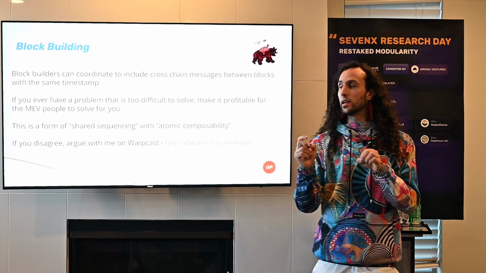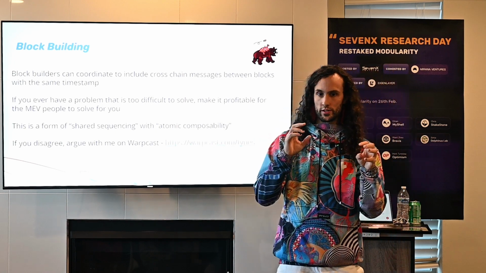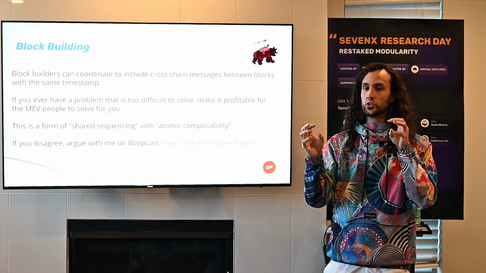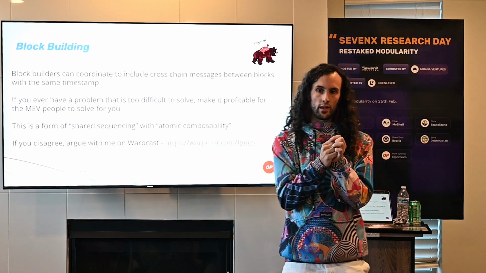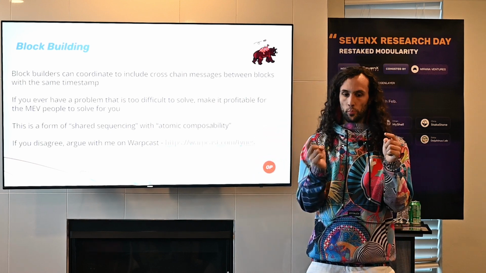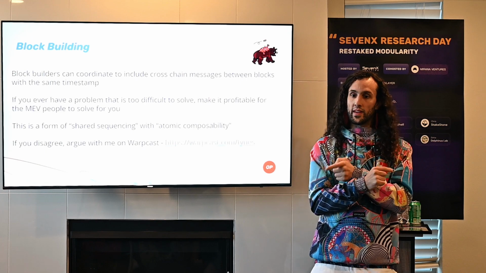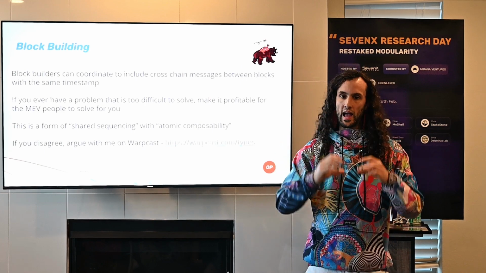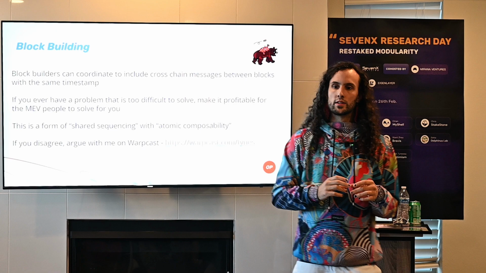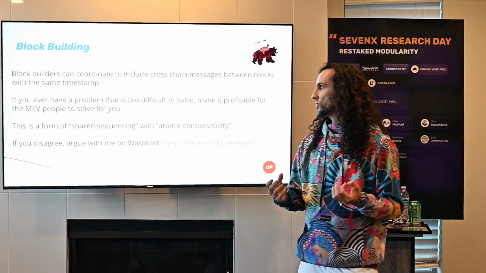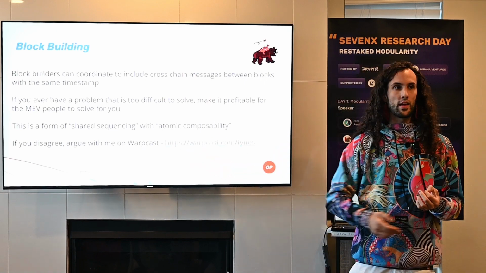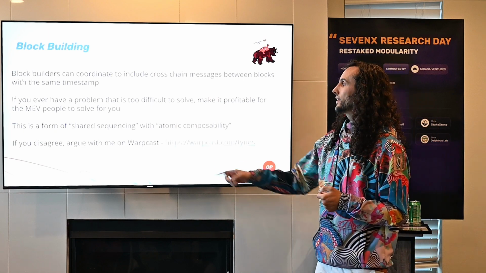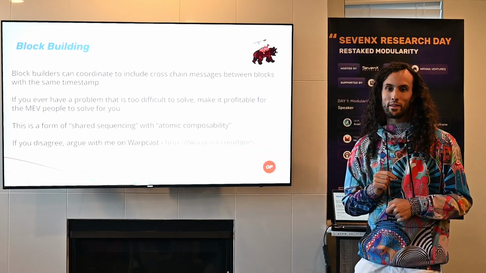If you have two block builders building on two chains, then they can coordinate to point to each other's logs that they emit at the same time. They could build the block together, right? So this gives you the primitives for shared sequencing. And I also want to claim that it gives you atomic composability.